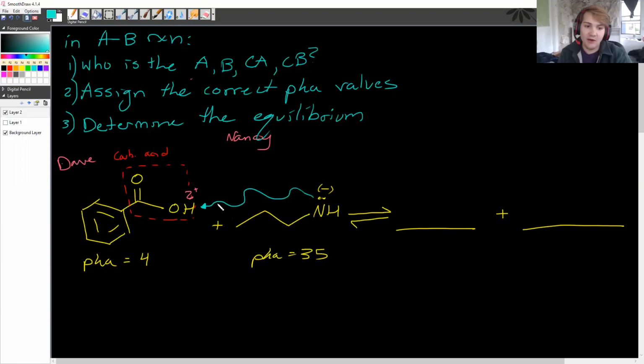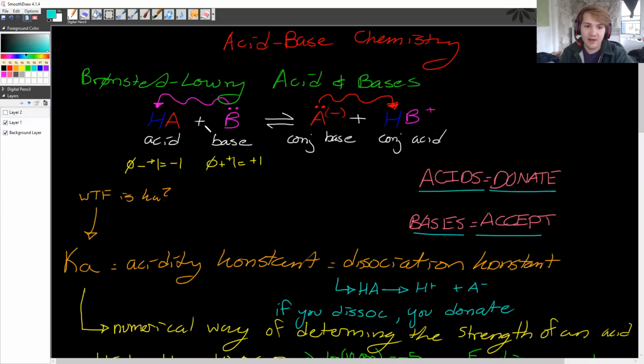Well, how do I know that? How do I know that this oxygen doesn't want to grab the hydrogen on Nancy, right? Well, the big thing is that if we go back to our original Bronsted-Lowry setup, notice how this base has a negative charge. So bases in general will have a negative or neutral charge, whereas acids will have a positive or neutral charge.